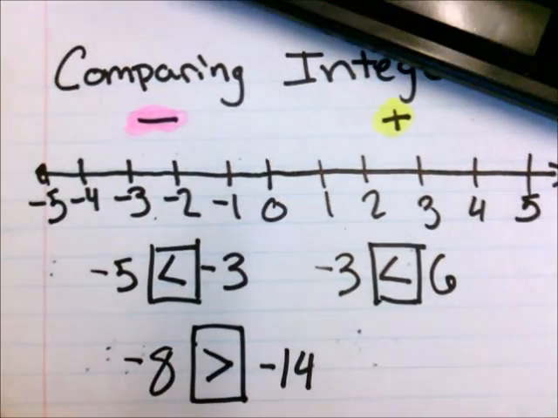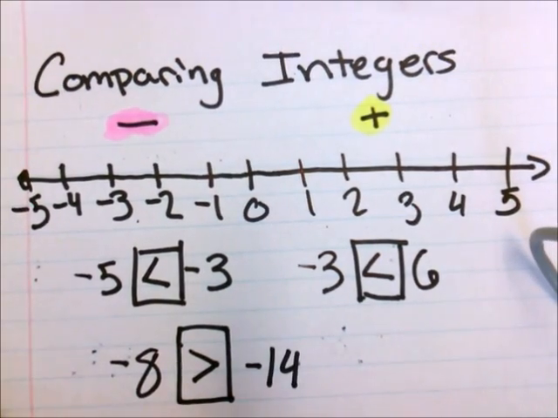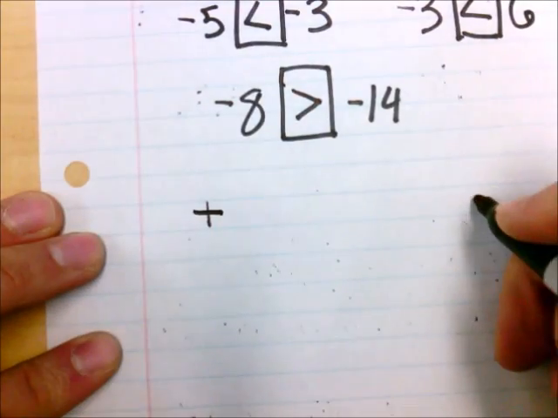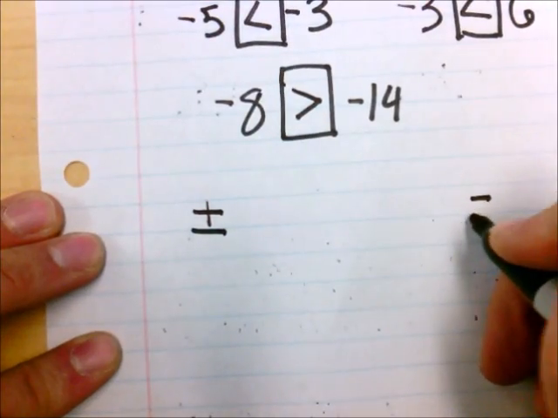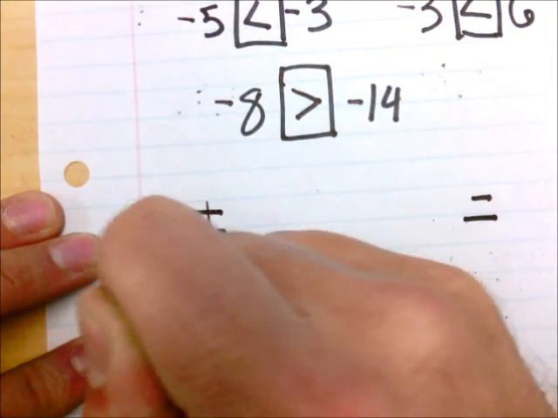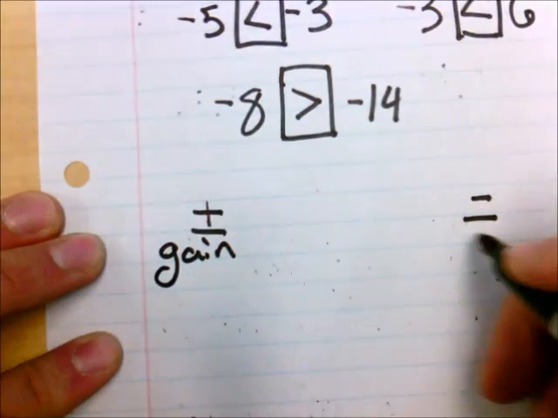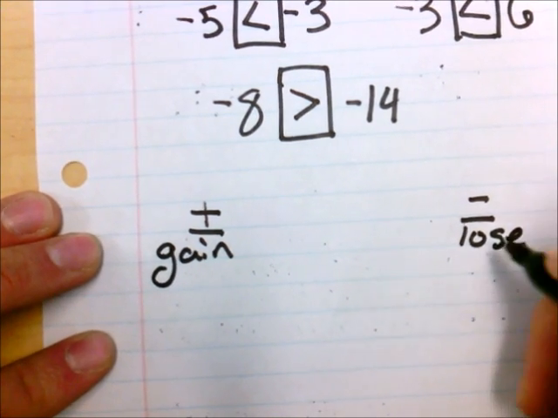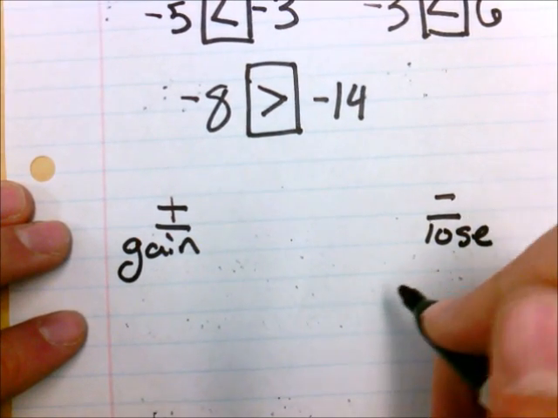A couple words that we will want to know as far as what means positive, what means negative. Positives, negatives. If I gain something, it's a positive. If I lose, or if I have a loss or something, it's going to be a negative.